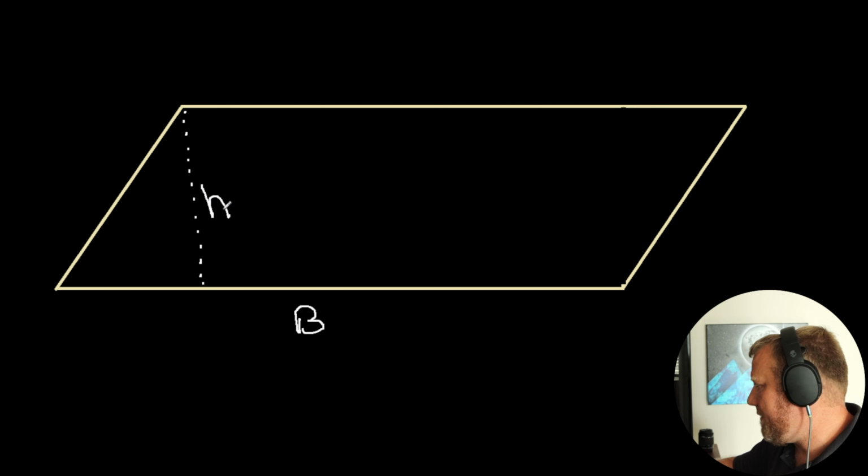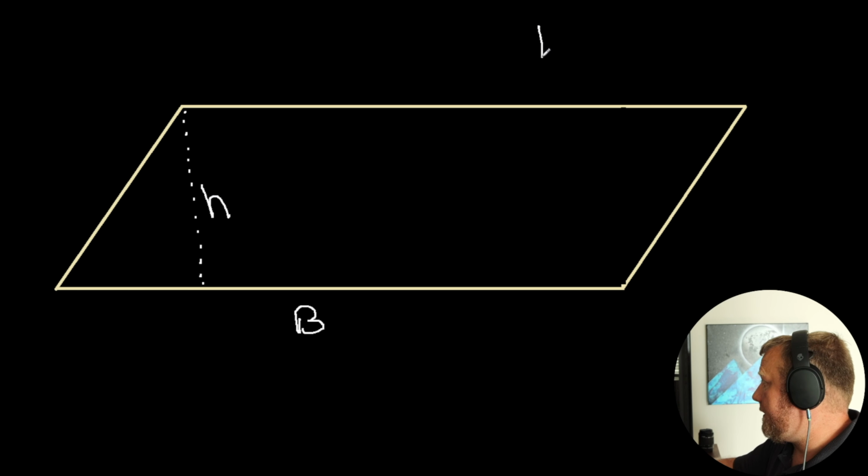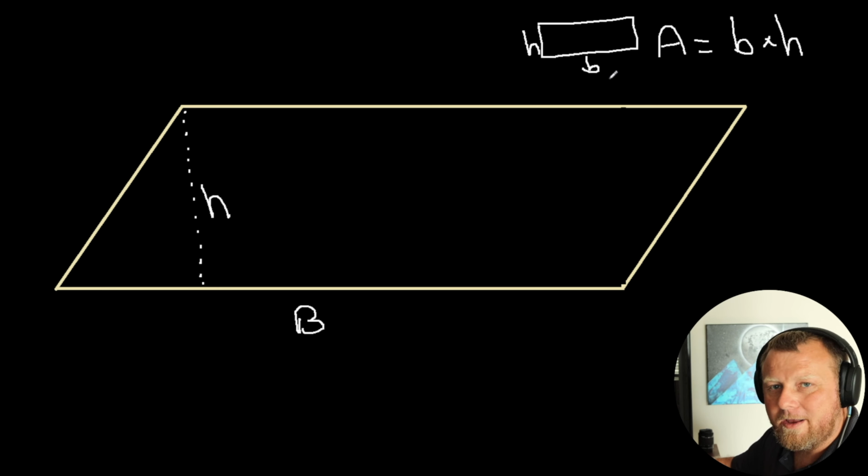We'll just call it H, base times height. So again, I said that the rectangle was straight up base times height. So the area is equal to B times H. Don't worry about the capitalization versus non-capital. I should have been consistent, but I wasn't.